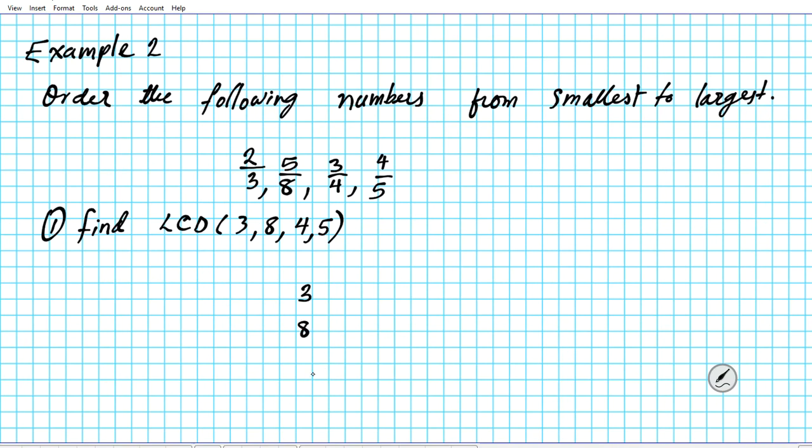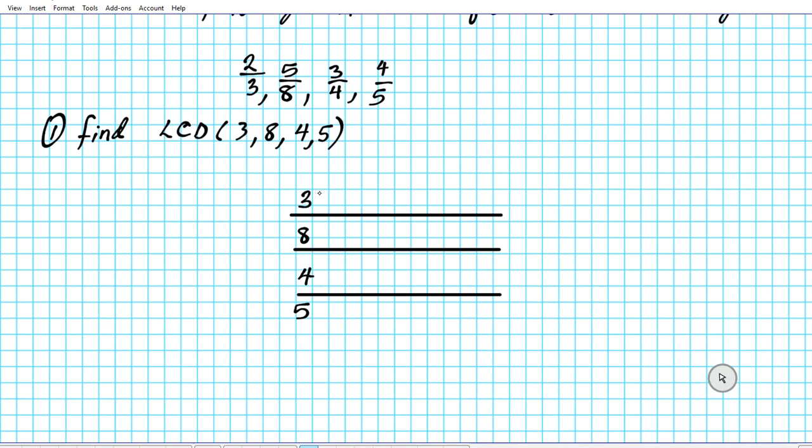So 3, 8, 4, 5. So I'm going to write the composite numbers as the product of their prime factors, and then we'll be able to determine what the LCD is. Okay. All right. So we have our LCD chart.